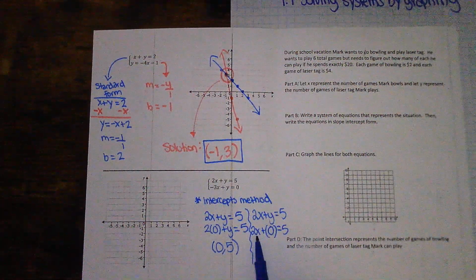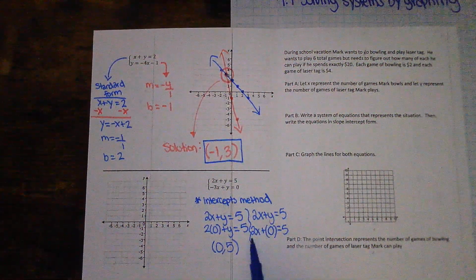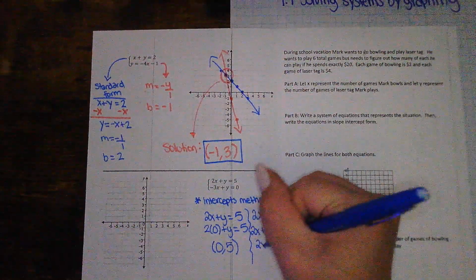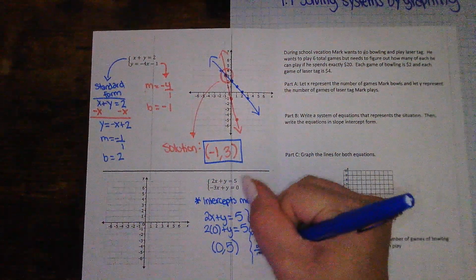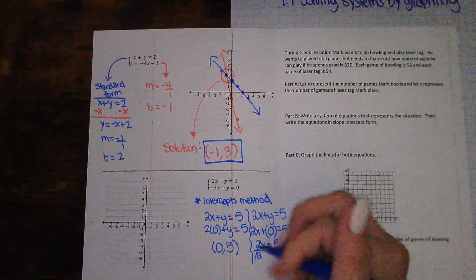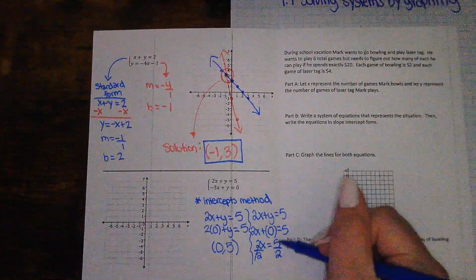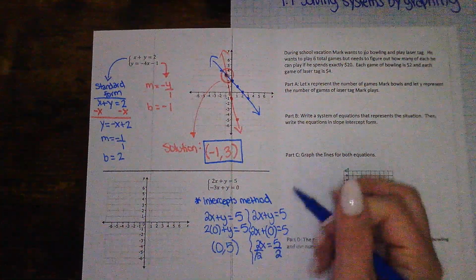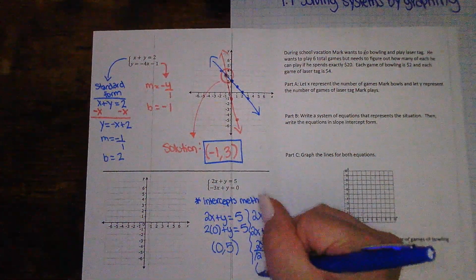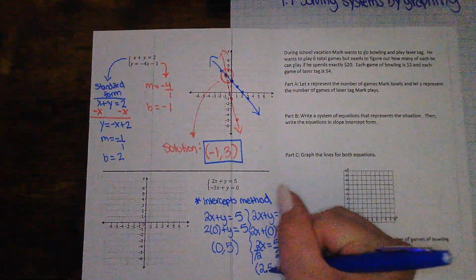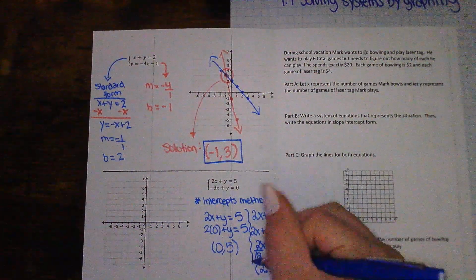And now I would need to divide by the coefficient 2 to isolate x. And I see that x equals 2.5. So now I write that point as an x-intercept, 2.5, comma 0.